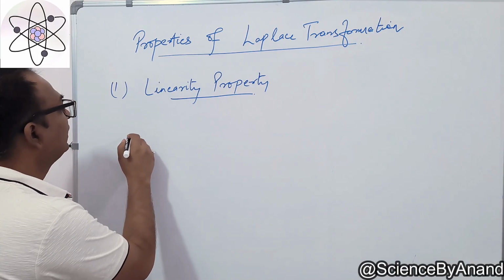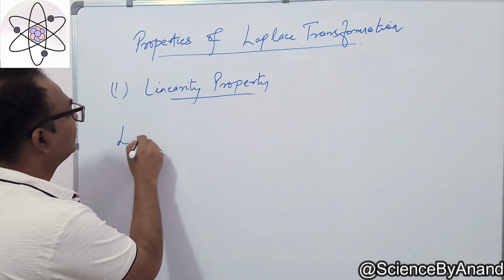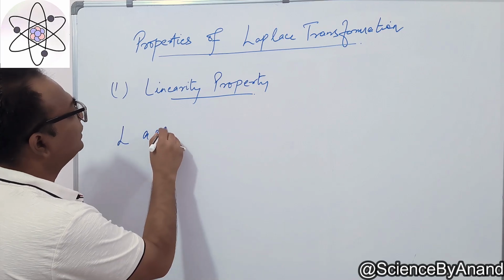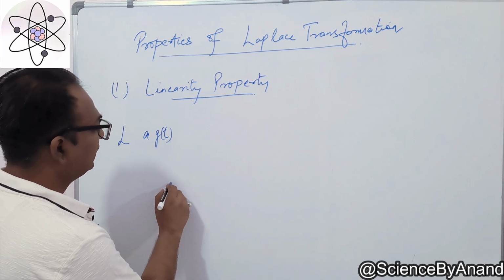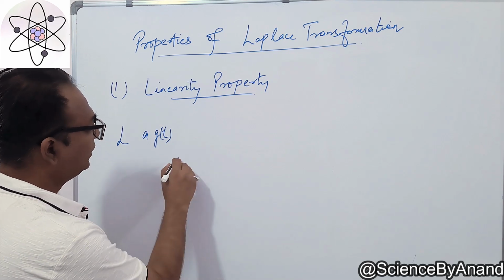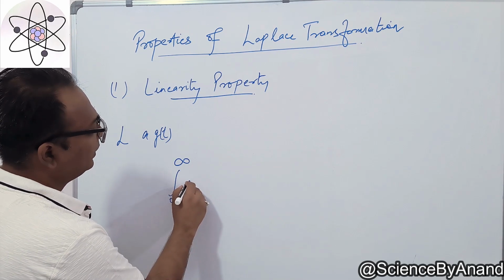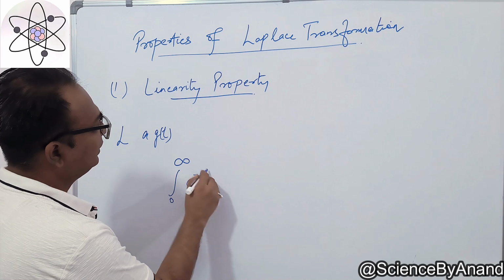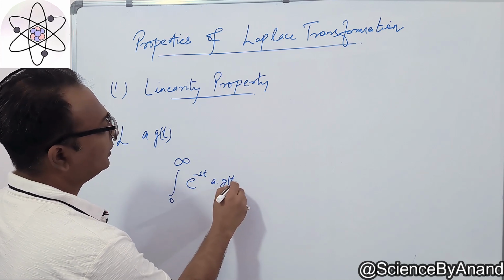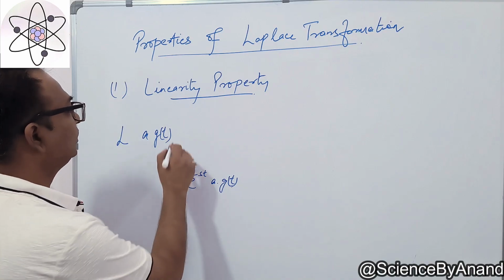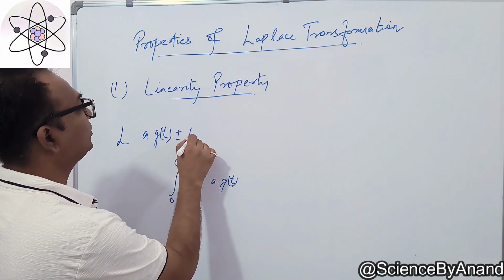Let's see. Laplace transform of a g(t). What is this? This will be the integral from 0 to infinity of e to the power minus st, and this is a g(t) dt.